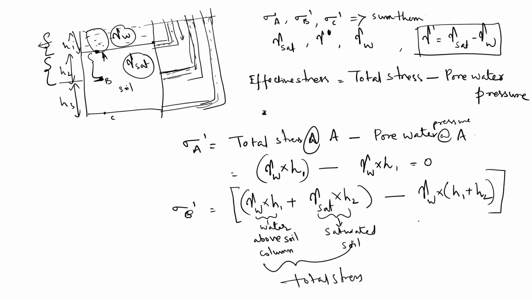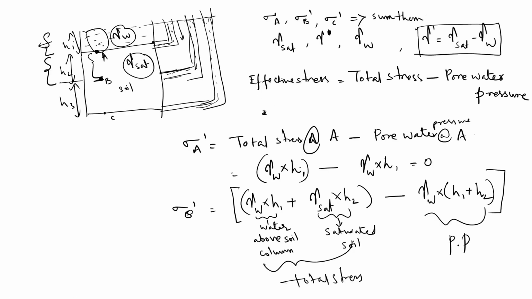Now this is pore water pressure. So I'm just going to the next slide. Gamma W into H1 plus gamma sat into H2 minus gamma W into H1 minus gamma W into H2.